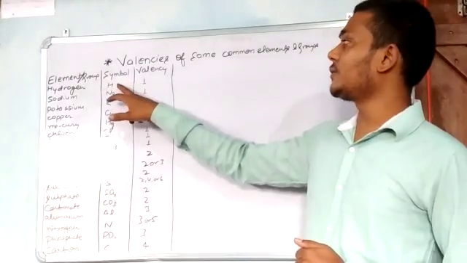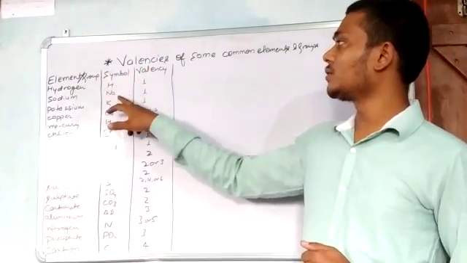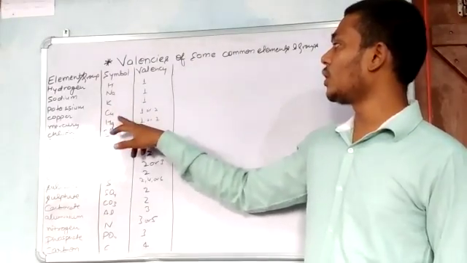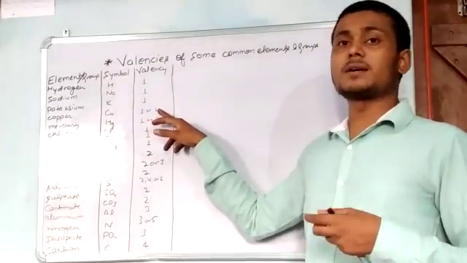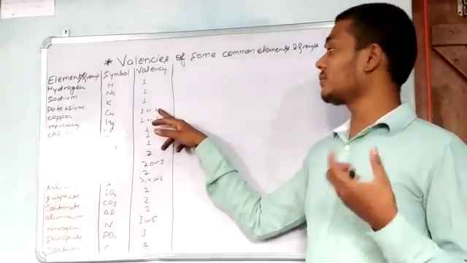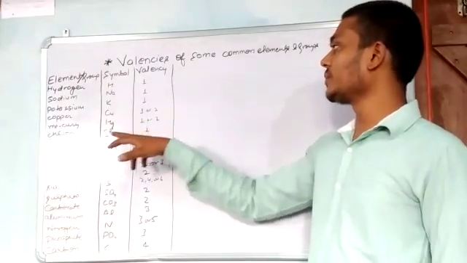The valency of hydrogen is 1, sodium 1, potassium 1, copper 1 or 2. In some cases, the valency of copper is 1. In some cases, the valency of copper is 2.